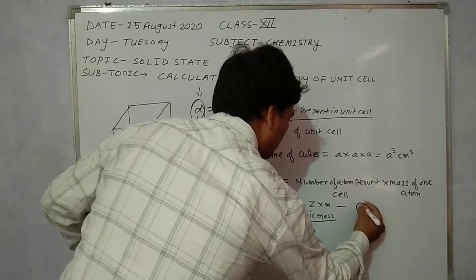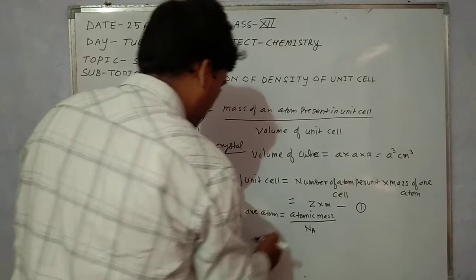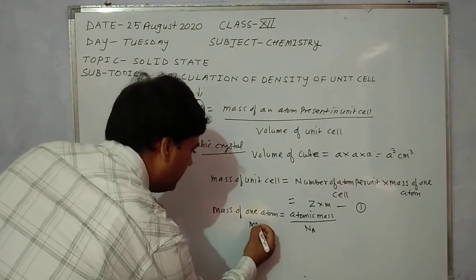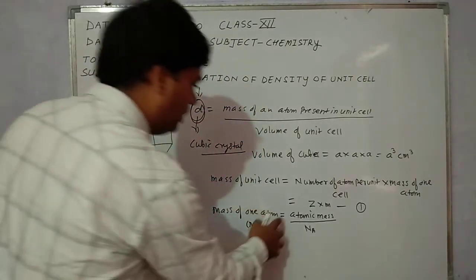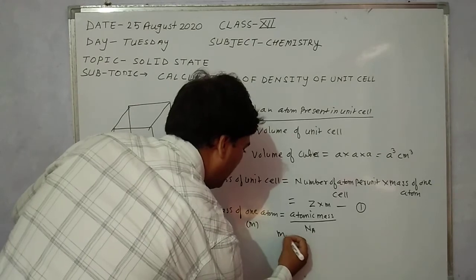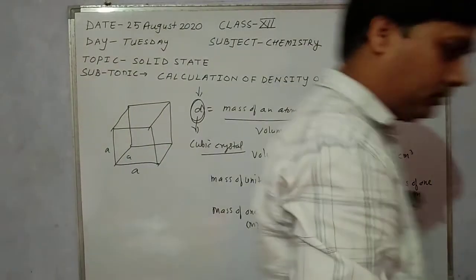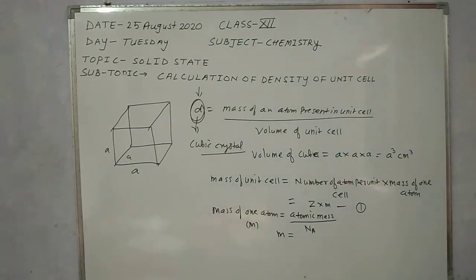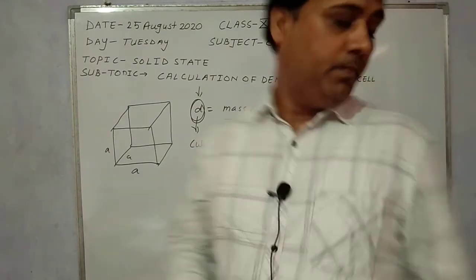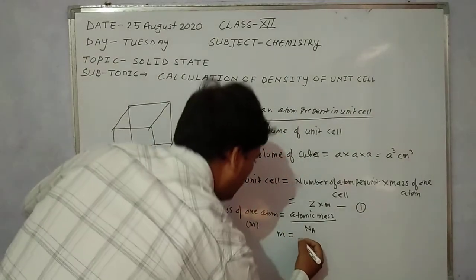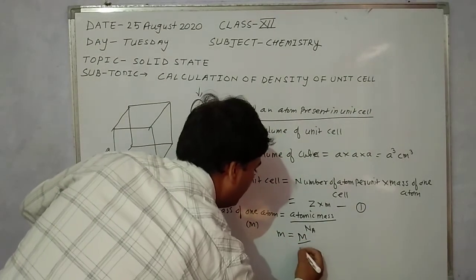So this is equation 1. Mass of one atom, that is small m, is equal to atomic mass divided by Na.